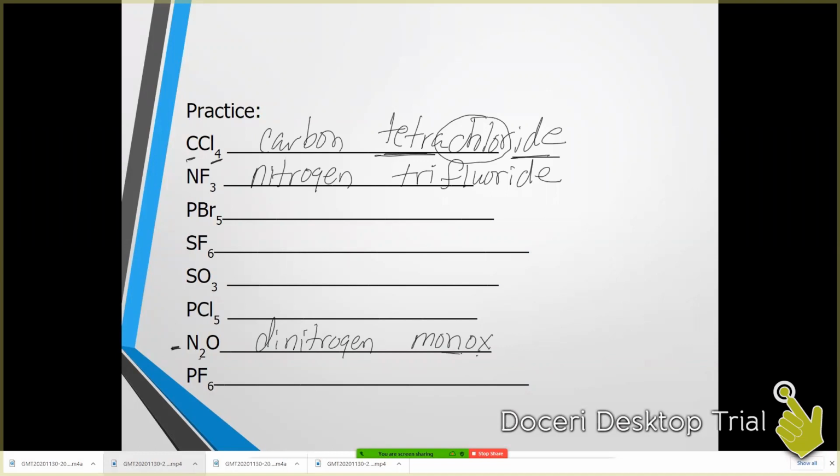Ox is my root, and ide is my ending. I'm going to put down a couple more, C2O2, and I'll come up here and do this one, P3C. Just making those up to get you to practice with the naming. Probably not really things that exist at any stability. All right, so I'm going to give y'all a few minutes. I want y'all to practice those other ones.